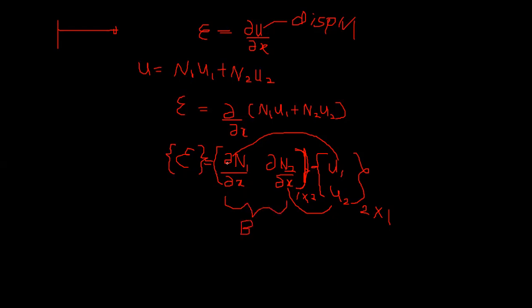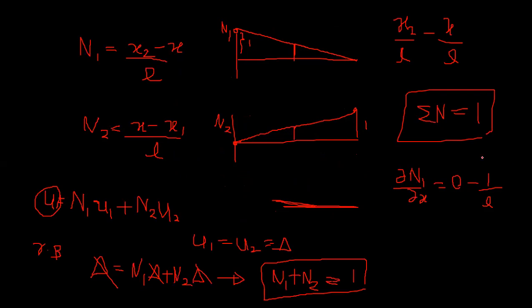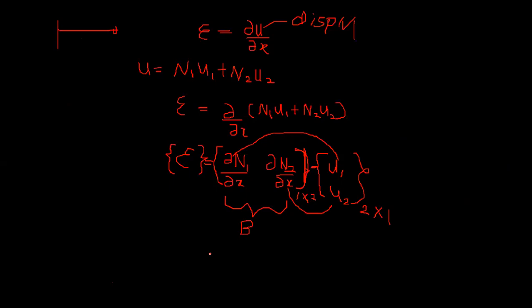So you saw ∂N over ∂x is what? Minus 1 over L, and this is plus 1 over L, right? So you can easily write this as minus 1 over L, 1 over L into the displacement matrix, right?